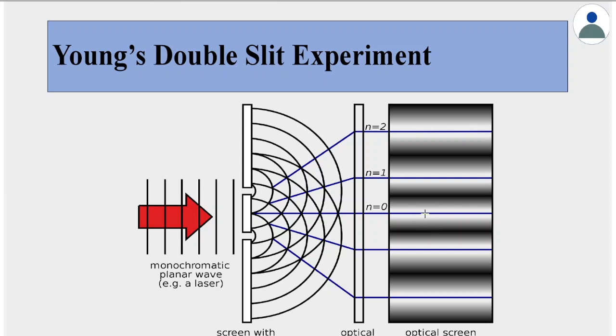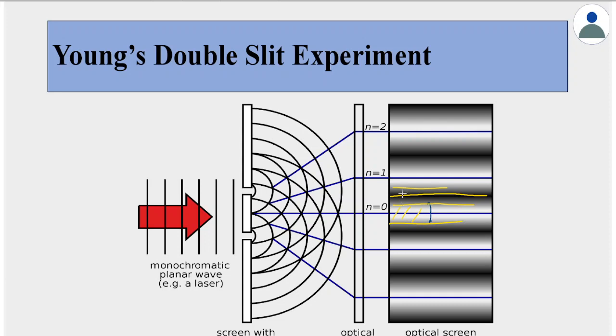So if this is the center of the central bright band, if we move in either direction, the intensity will decrease. At some point it becomes completely dark. This is the center of the dark band. Again, when we go away from here, the intensity will increase. So this whole thing is not the bright band. Rather, you can take that this part would be the bright band and this is the dark band.